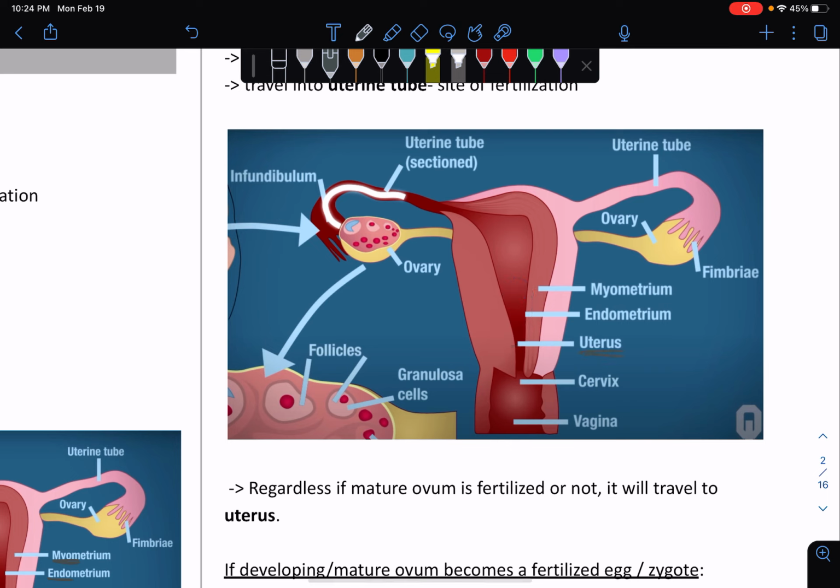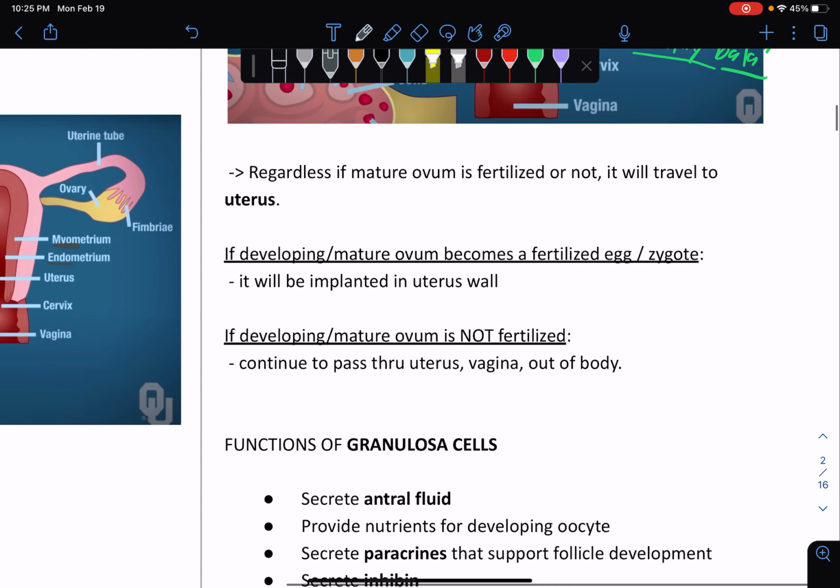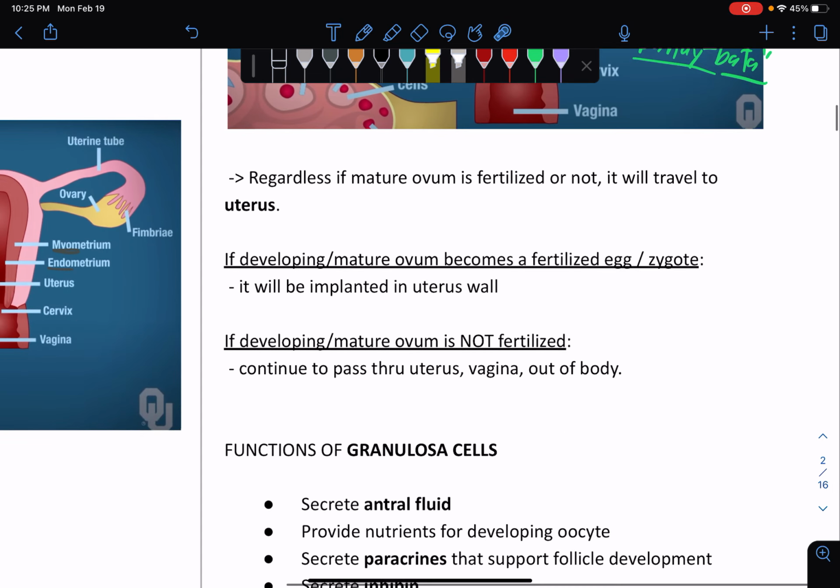The uterus, in Filipino, I remember a doctor calling this bahay bata. Bahay means home and bata means child, so this is the home of the unborn child. If the mature ovum is not fertilized, like I said earlier, it continues to pass through the uterus, vagina, and out of the body.